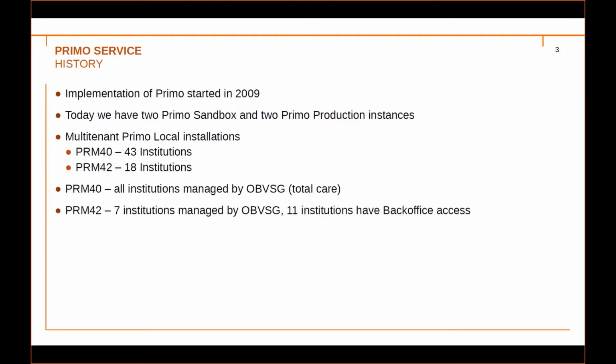The one is completely managed by the OBVSG, so the institutions are more or less total care customers to us, and the other is managed partly by OBVSG, and the larger universities do have back office access, and they are managing their customizations by themselves.